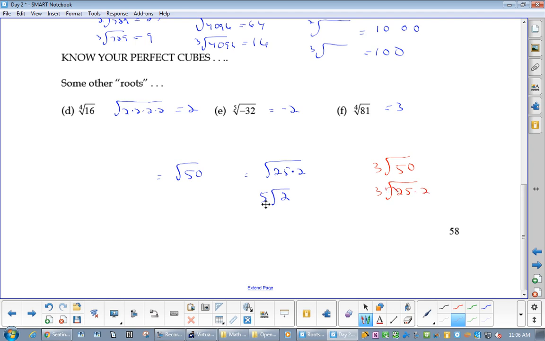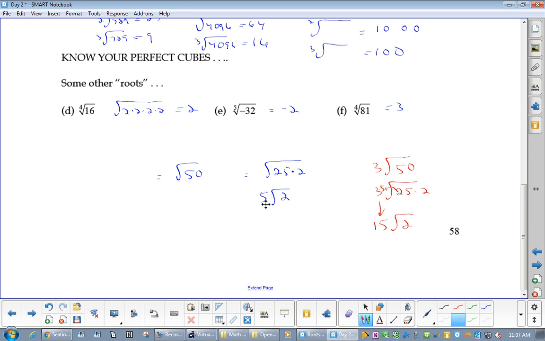The 25 comes out to become a 5, and 5 times 3 is? Okay, so a 5 came out, and 3 times 5 is 15. It is saying 15 times the square root of 2.